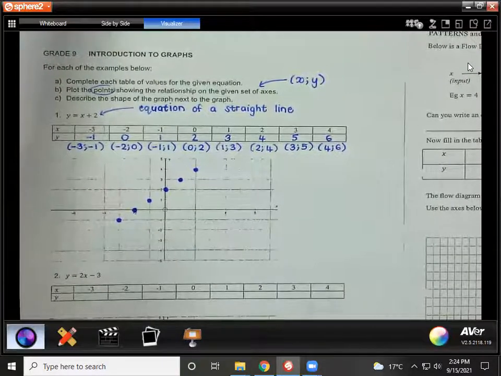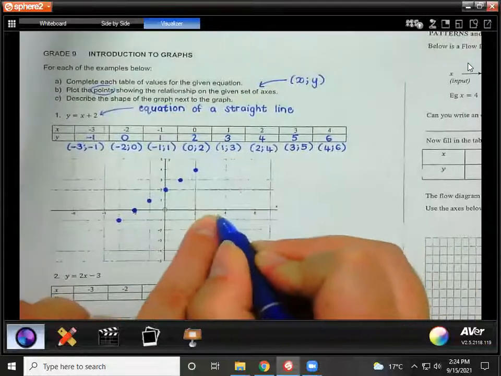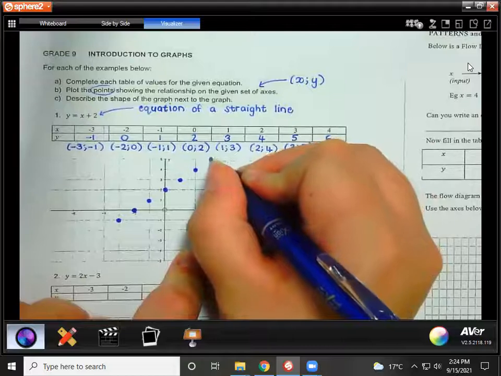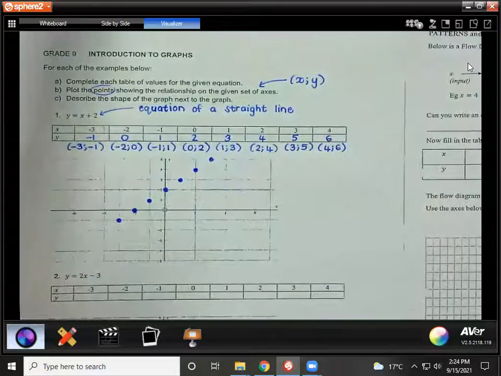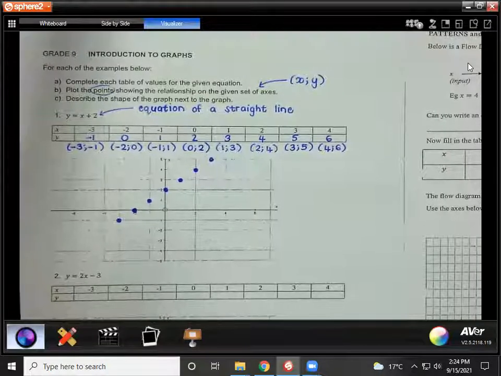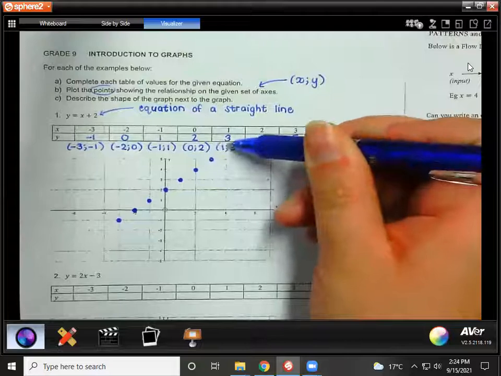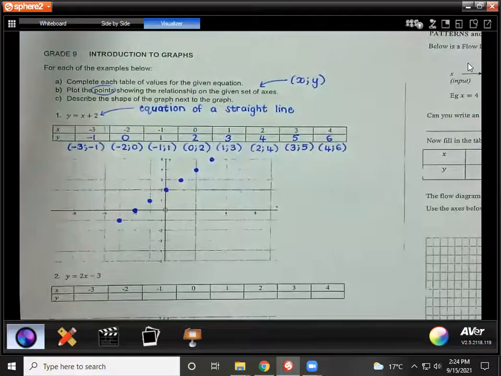Okay, we're nearly done. The next one is 3 and 5. And the last one we actually can't plot. It doesn't fit on our grid that they gave us. Right, we can go to 4 on the x-axis, but does our y-axis go up to 6? No. So that last one, unfortunately, we can't plot, but it's all right.